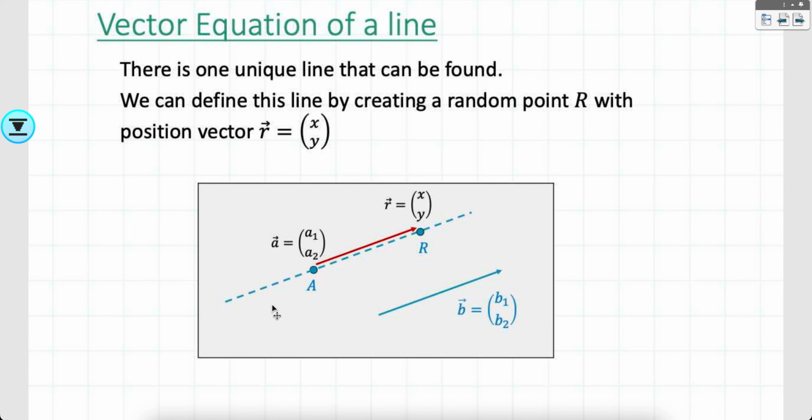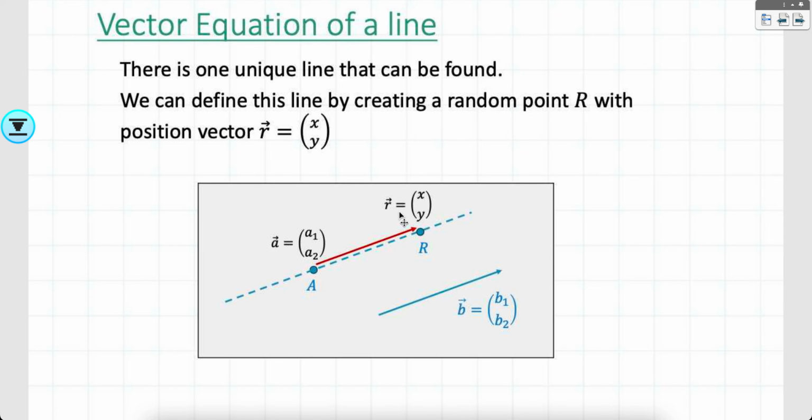This is similar to finding the equation of a line using gradient-intercept form, where you have information about the gradient and the intercept. You have two pieces of information and you use them to find any value of x and y that lies on the line. It's the same idea: something you want to be parallel to, and a point that your line goes through, and using these two you should be able to find any point on the line.